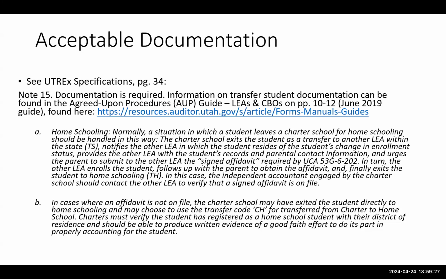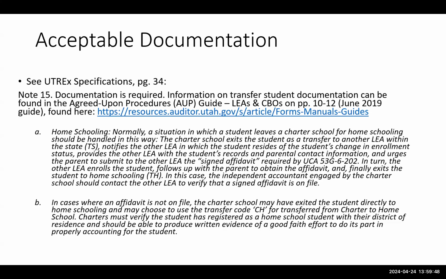And again, when they can get the signed affidavit, that's the first and best choice. But when they can't, they can use the exit to homeschool code and then provide documentation in other acceptable ways.